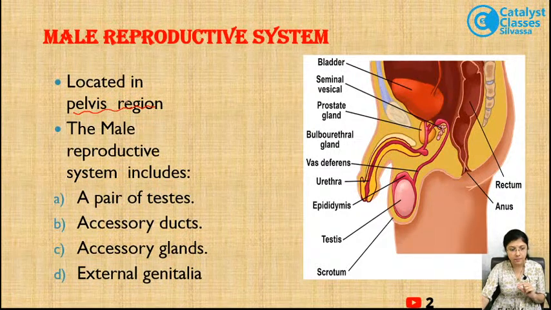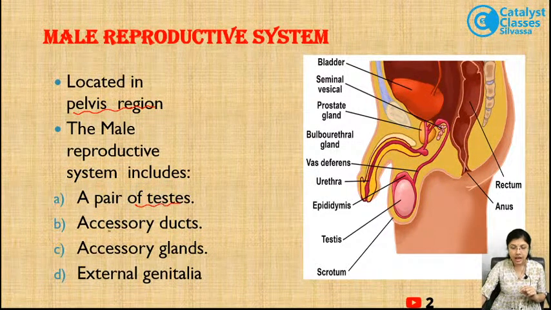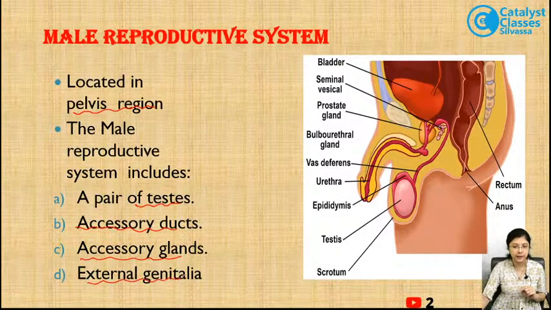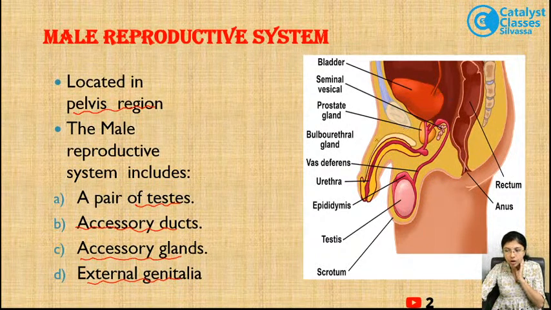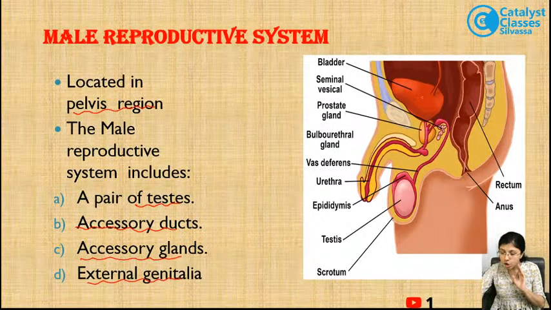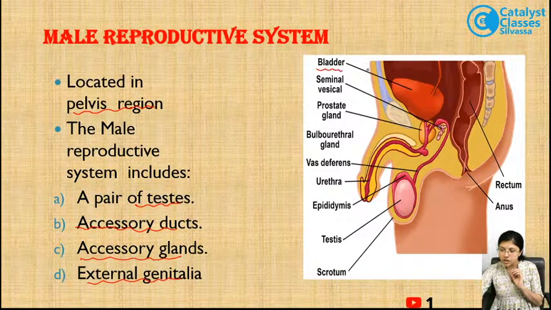And what does the male reproductive system include? It includes a pair of testes, accessory ducts, accessory glands and the external genitalia. Okay, on the right side of the screen you can see the different parts of the male reproductive system and where exactly it is situated. If you clearly see here, the bladder is present here, right?